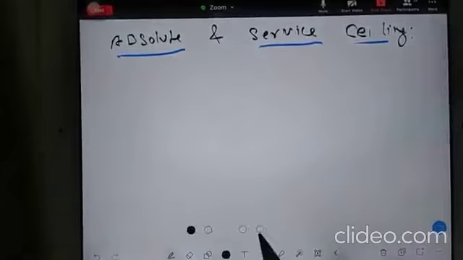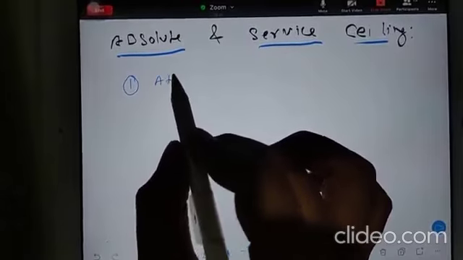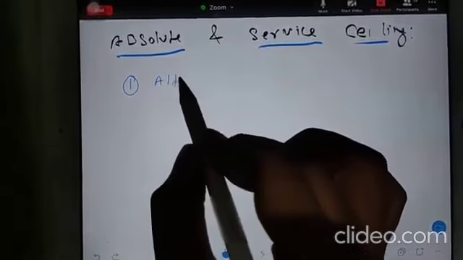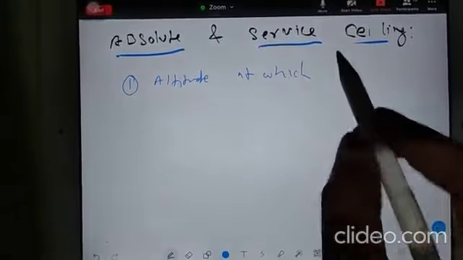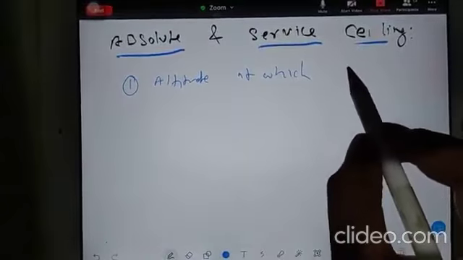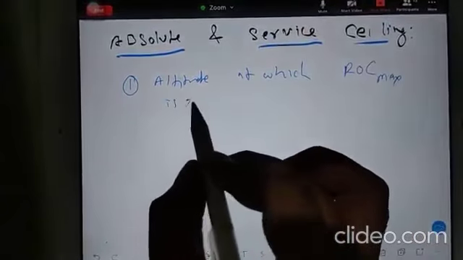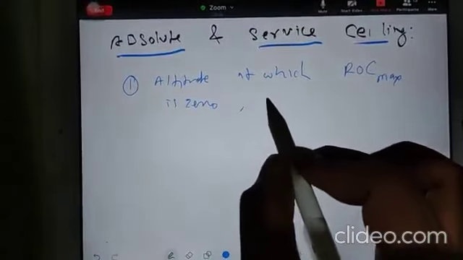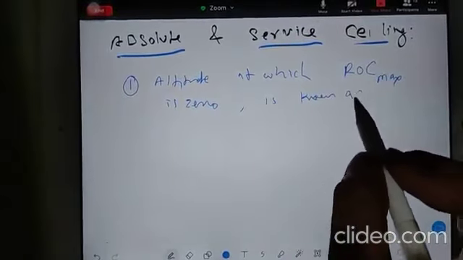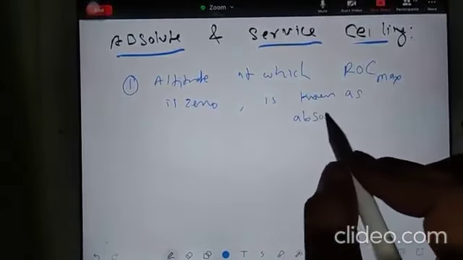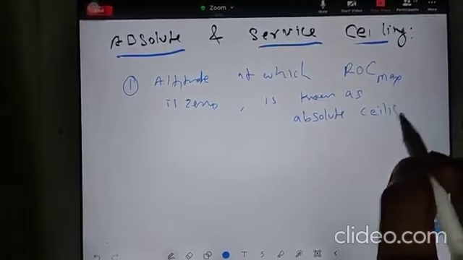It means the altitude at which maximum rate of climb, ROC max, is 0 is known as absolute ceiling.